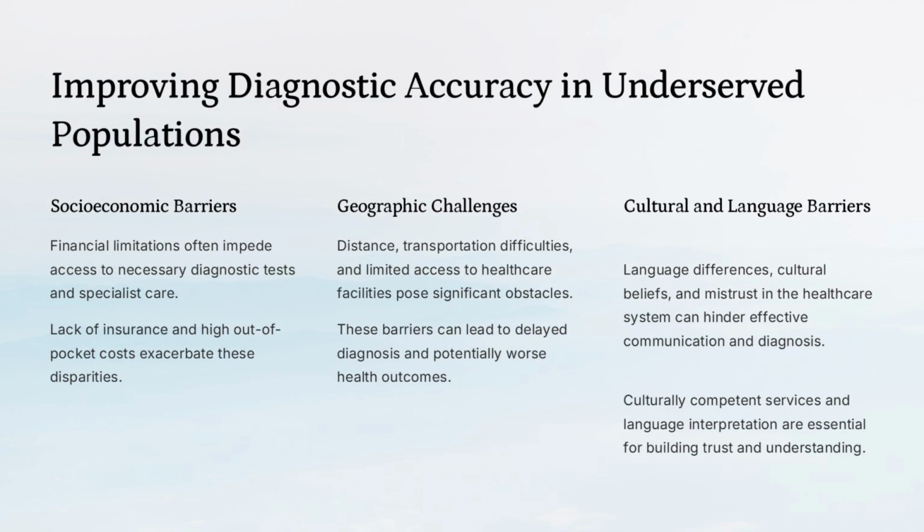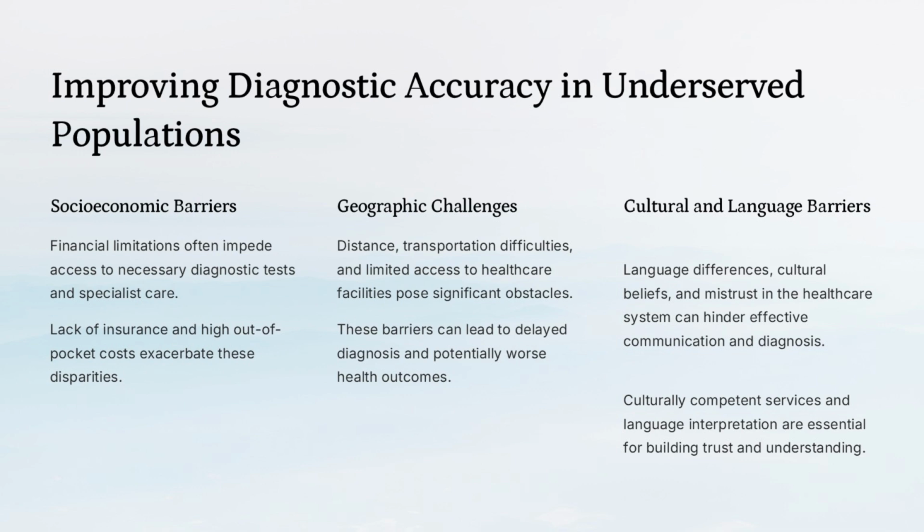The key challenges we face in improving diagnostic accuracy for underserved populations are socioeconomic, geographic, and cultural/language barriers. Financial limitations often prevent access to necessary diagnostic tests and specialist care, with lack of insurance and high out-of-pocket costs exacerbating these disparities. Distance, transportation difficulties, and limited access to healthcare facilities pose significant obstacles, leading to delayed diagnosis and potentially worse health outcomes.